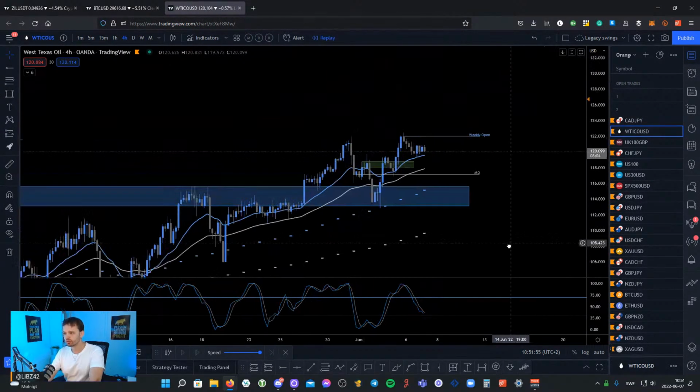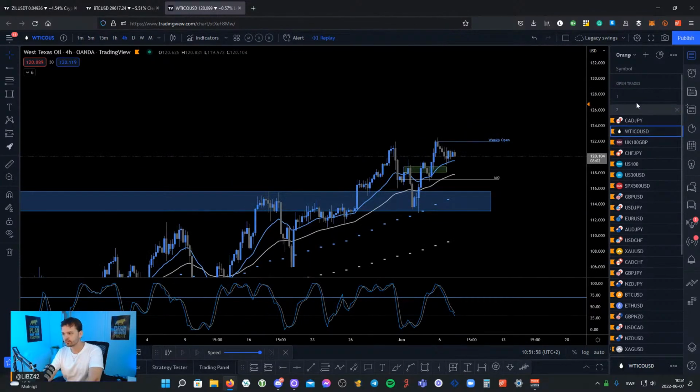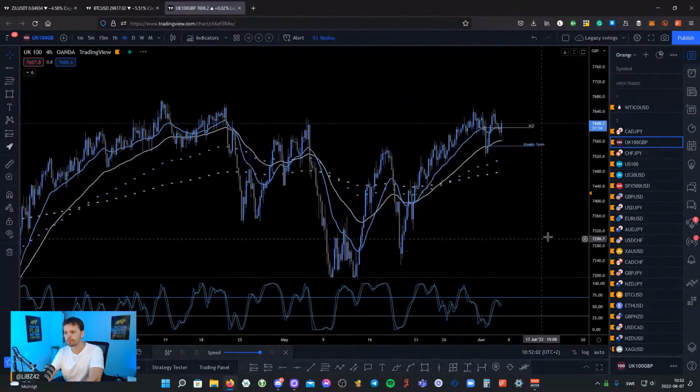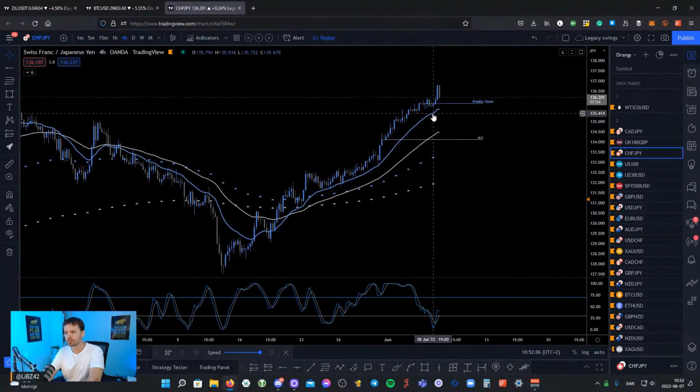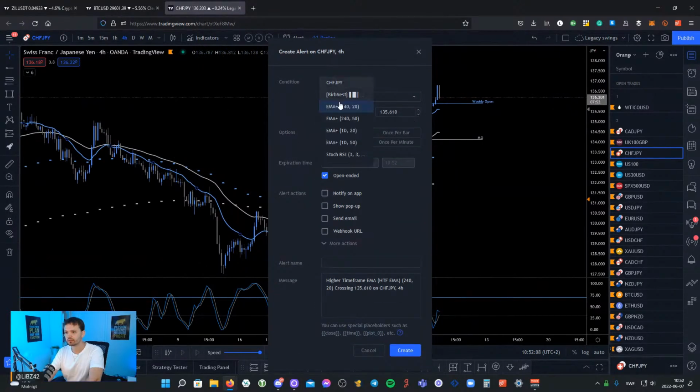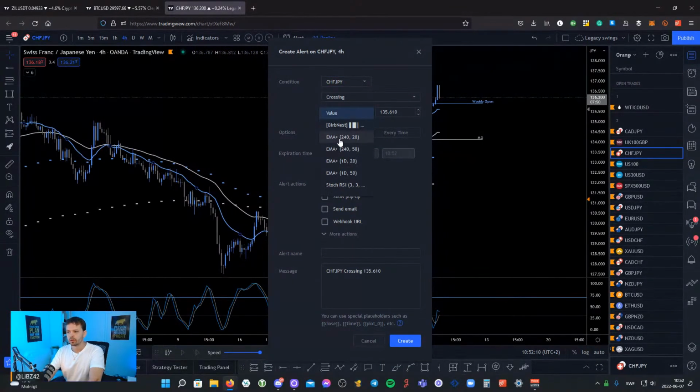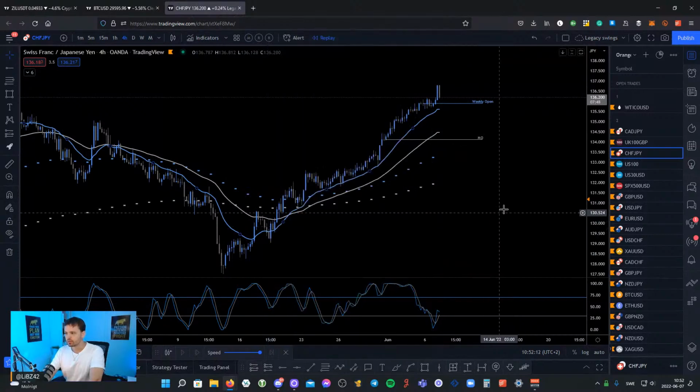Next one is oil. There might be something here. So we're moving that to the first list. Okay, UK 100. Not ready. CHF JPY. I'm adding an alert on the 4-hour 20 on that one as well.